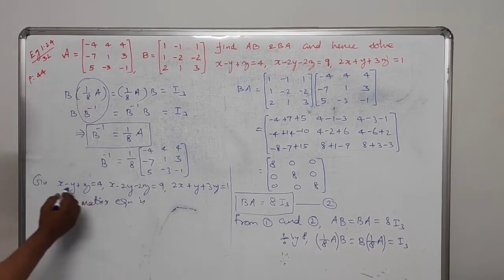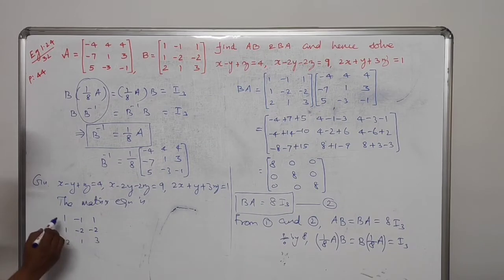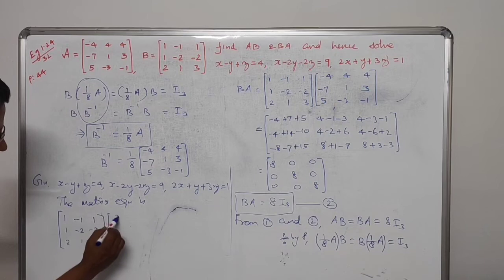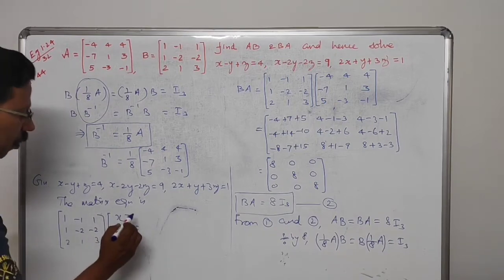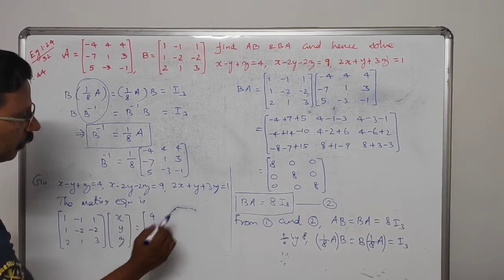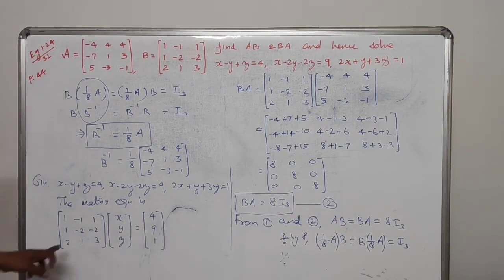You can write this as 1 minus 1 1, then 1 minus 2 minus 2, then 2 1 3, into the variable matrix x y z, which is equal to the constant matrix 4, 9, 1. Now we have written the matrix equation.